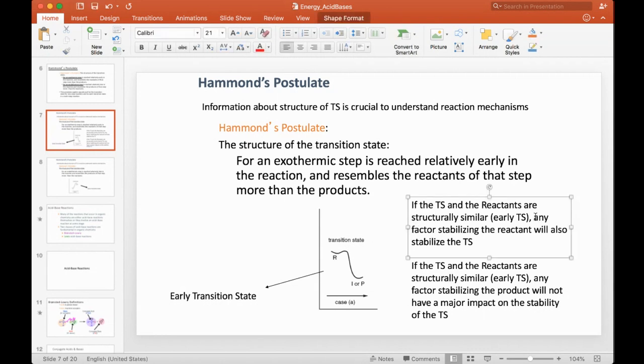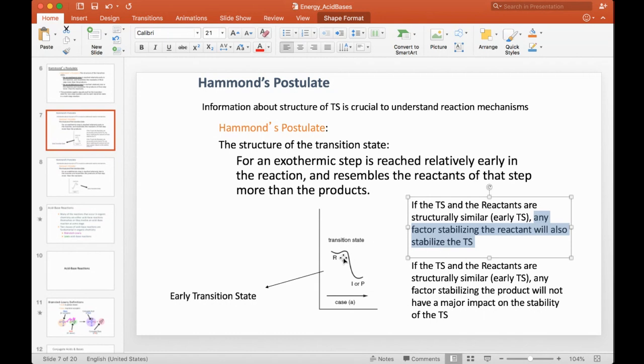Because of this, any factor that stabilizes the reactant will also stabilize the transition state. So if there is a stabilization of the transition state, then stabilizing means lowering energy, and lowering the transition state in energy will mean lower energy of activation, faster reaction.